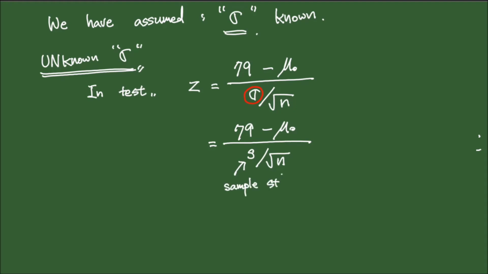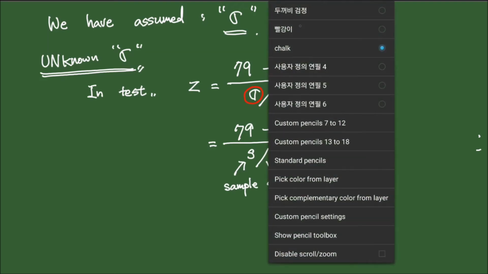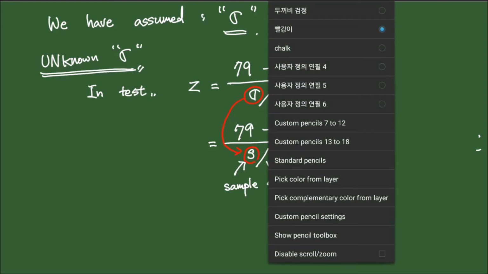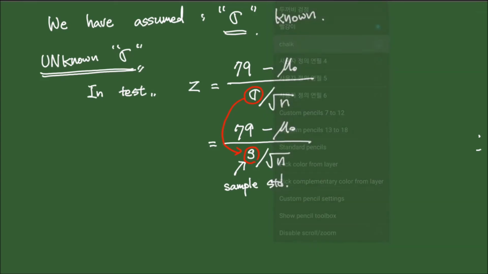Since we replace the population sigma with the sample standard deviation, the whole thing does not follow the normal distribution. Now we should say this follows another distribution, which looks really similar to the normal distribution, but we call that distribution the t distribution.